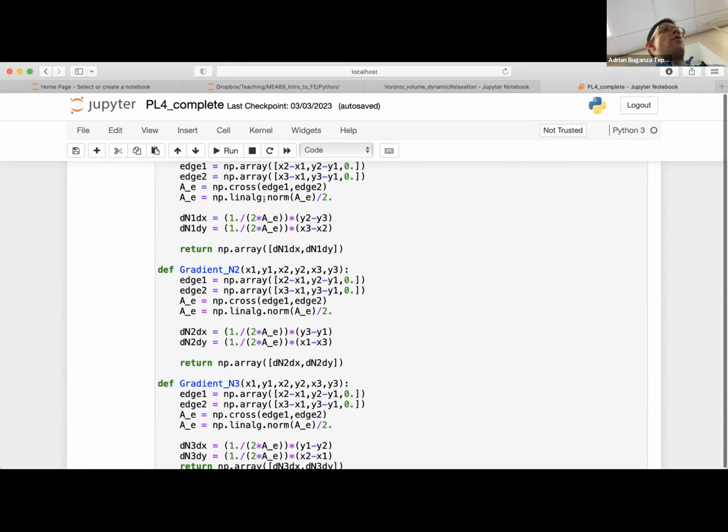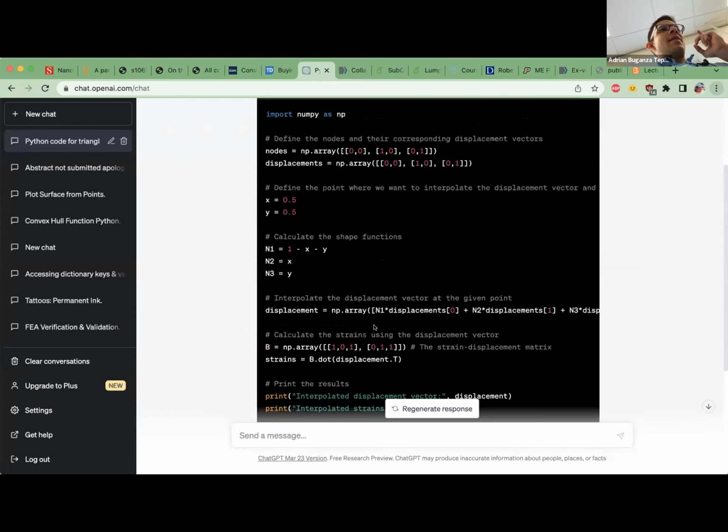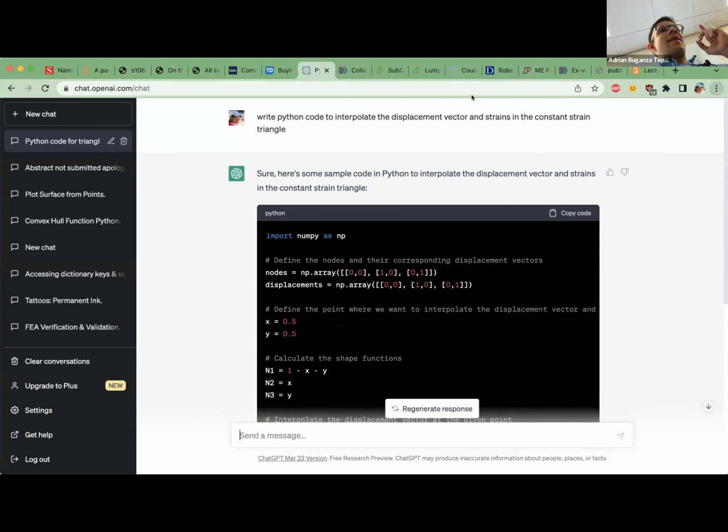I would do it with code because I solve everything with code. By the way, I asked ChatGPT to write a Python code to interpolate the displacement vector and strains in the constant strain triangle, and this is wrong.